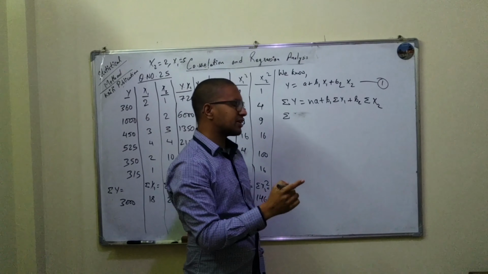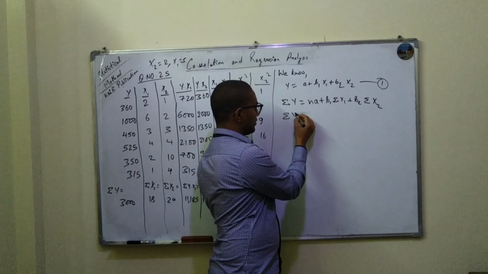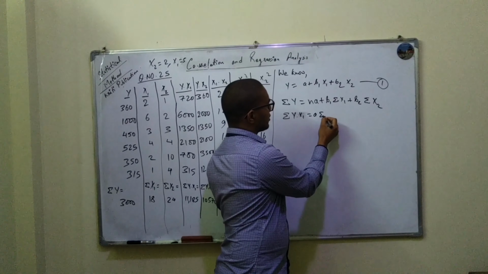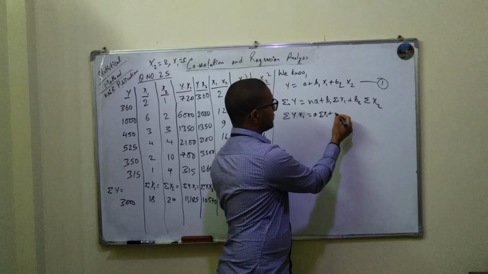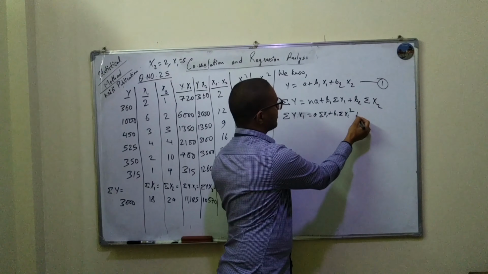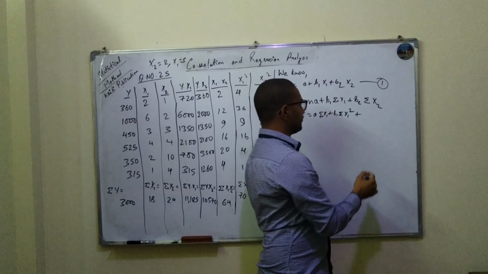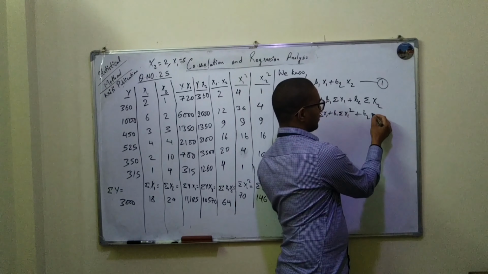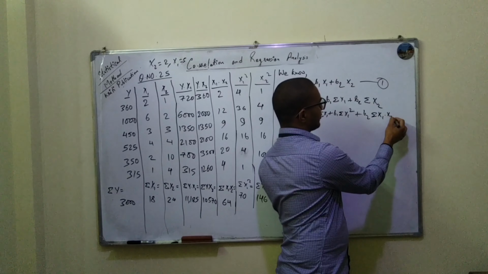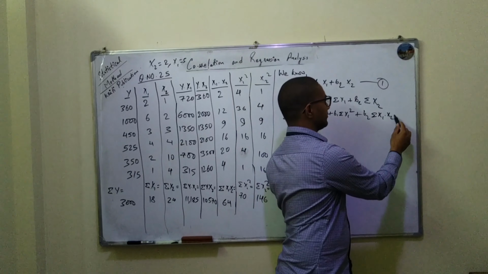So we have to multiply it by x1 now. Y dot x1 is equal to a times summation x1 plus b1 summation x1 square plus b2 summation x1 dot x2. So that's our third equation.